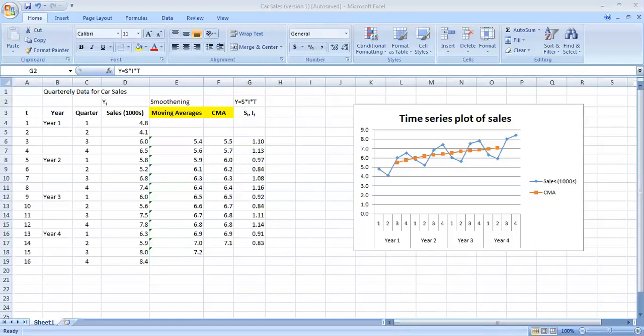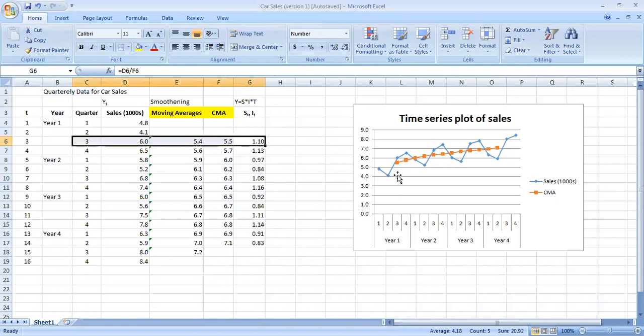You should be able to interpret the values that you have derived here. If you look at this value 1.10, you have this corresponding to year 1 quarter 3.